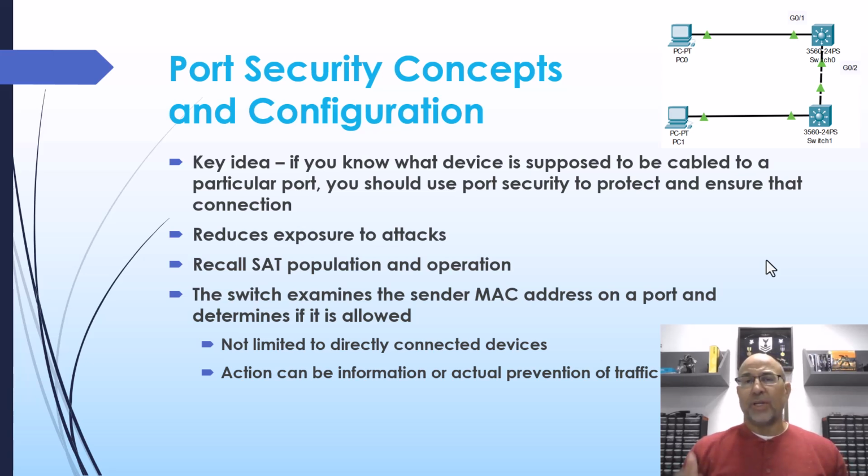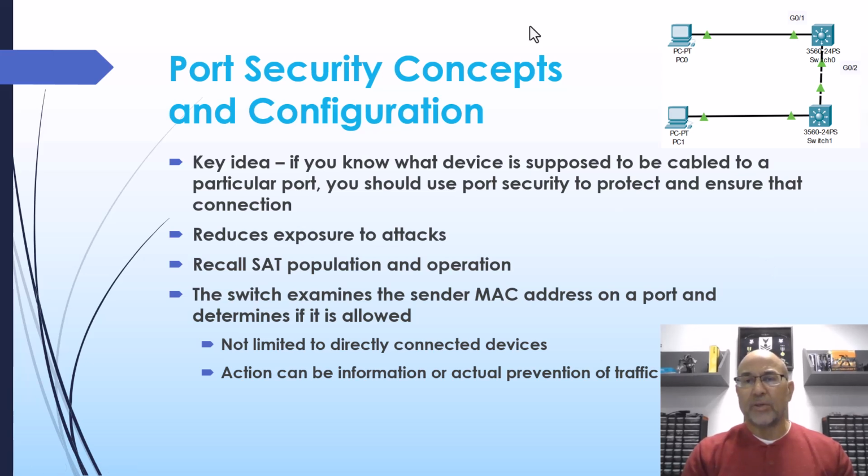Well, port security examines the exact same sort of thing. It says, all right, I'm going to look at your source MAC. Are you supposed to be here, or have you created some other violation? So the switch says, not only am I trying to learn who you are, I'm trying to see if you've broken any rules. Now, it's not limited to directly connected devices.